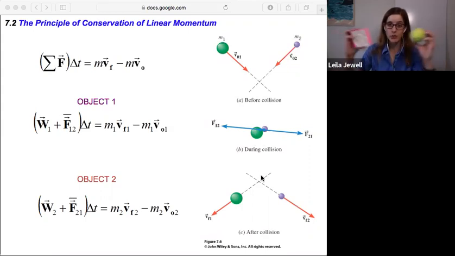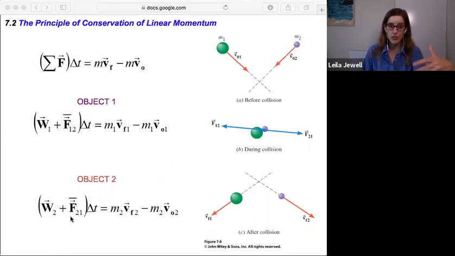When they crash into each other, they're pushing the other one far apart. So we have that force in here, and that's equal to mass 1 times the final velocity of 1, where this is a vector in 2 dimensions, minus mass 1 times the initial velocity of 1, again a vector in 2 different directions. Object 2, the equation looks almost the same, right?